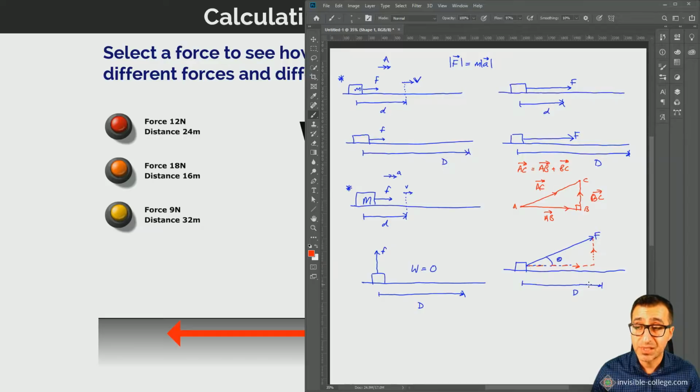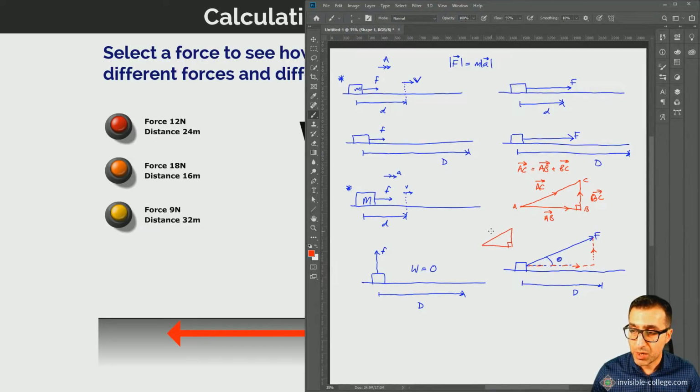It is parallel to this displacement, and therefore this is the part of the diagonal force which is actually doing the work on the object. Now, according to trigonometry, when you have a right-angled triangle like this, again, basic trig.